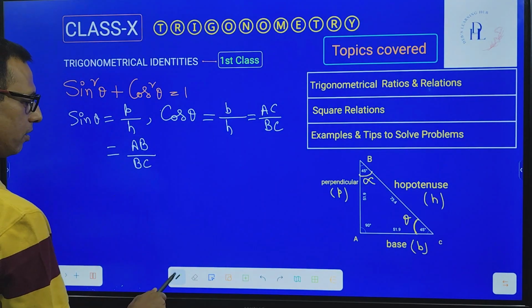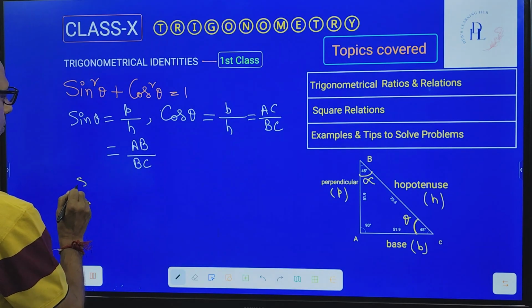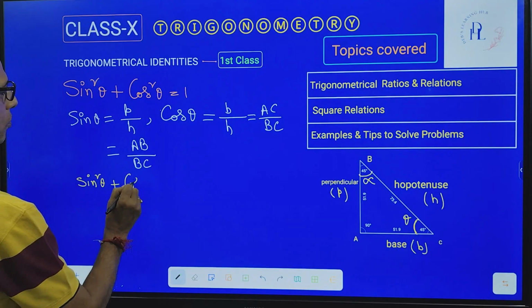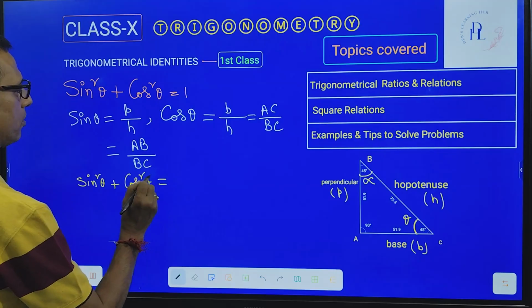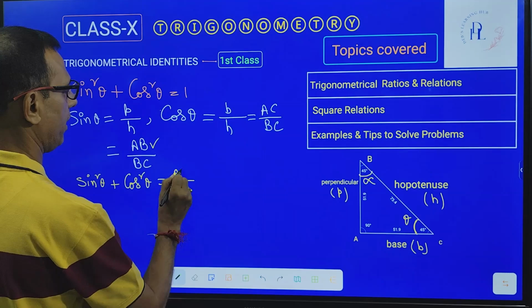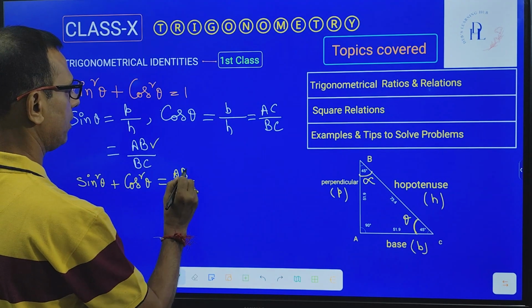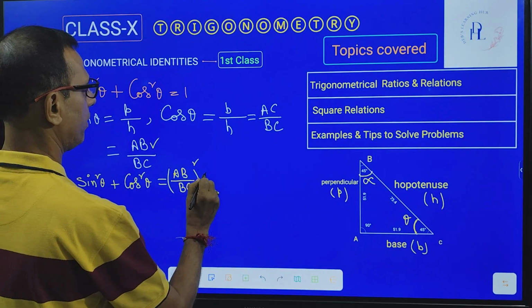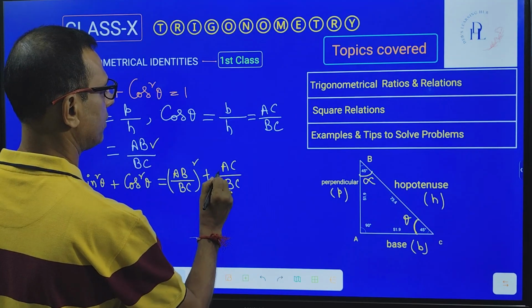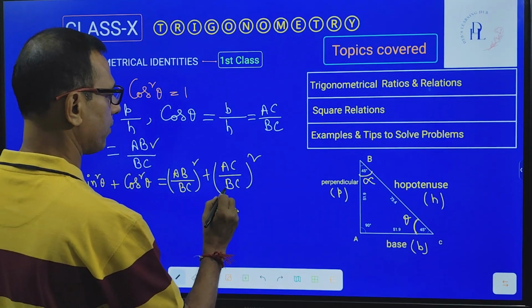Now let us square it and add up. So sin square theta plus cos square theta equals AB by BC square plus AC by BC square.